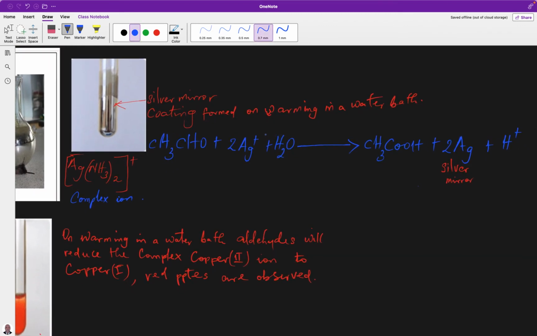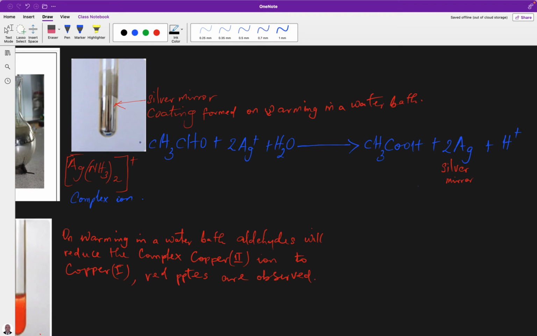This solution is placed in a water bath. The mixture in the test tube containing the Tollens reagent and the aldehyde is placed in a water bath for a period of time. During this period, a redox reaction takes place.